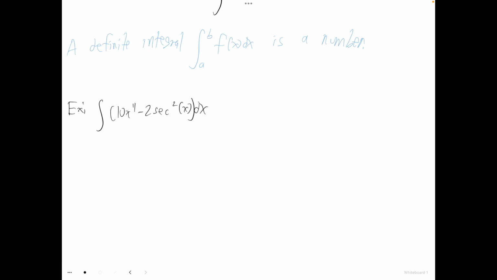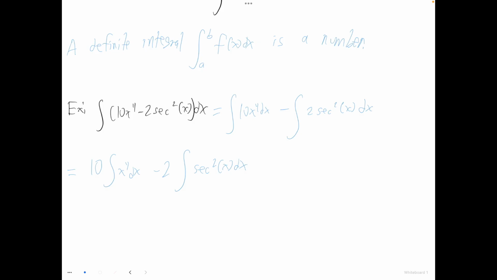And so the way we do this is we're going to split it up over subtraction. So this is the integral of 10x to the fourth dx minus the integral of 2 secant squared of x dx, which equals 10 times the integral of x to the fourth dx minus 2 times the integral of secant squared of x dx.